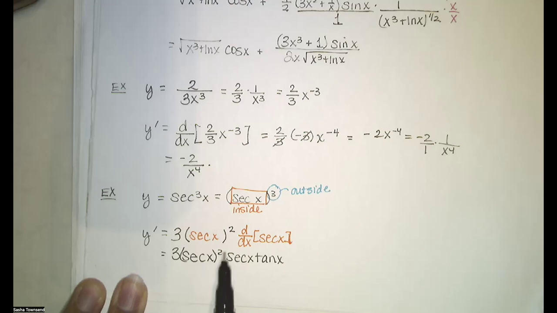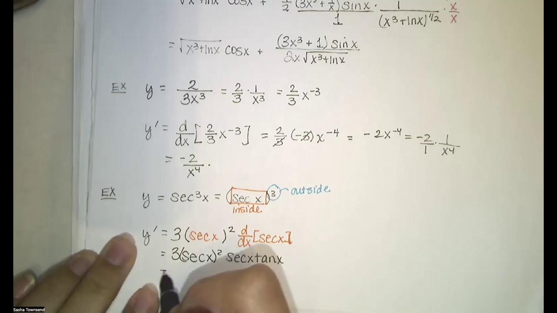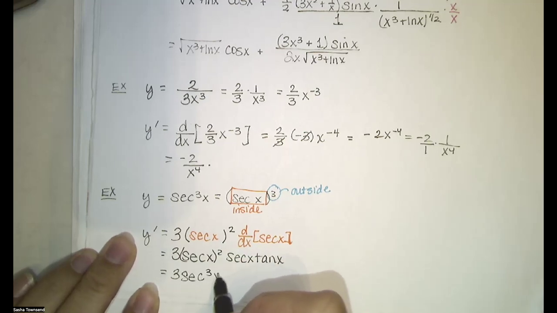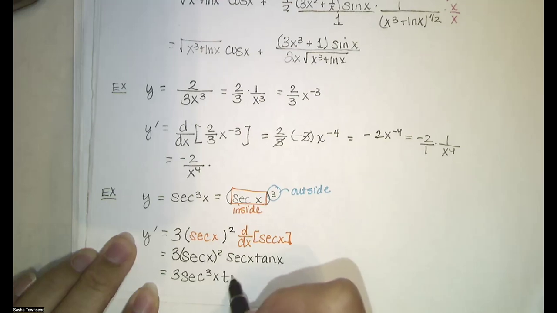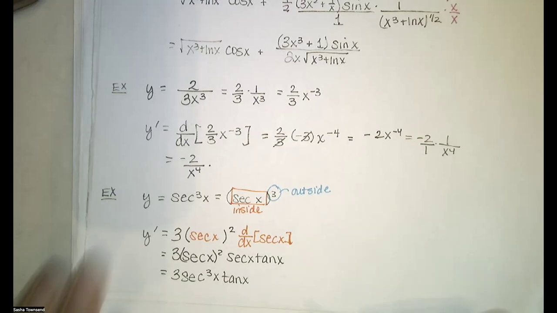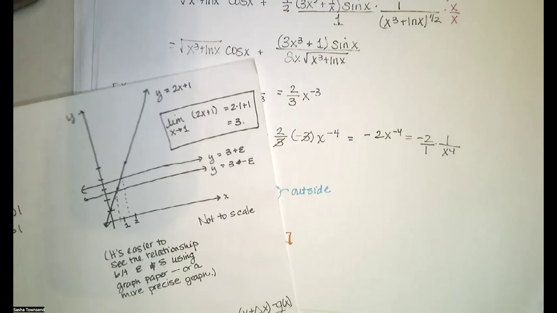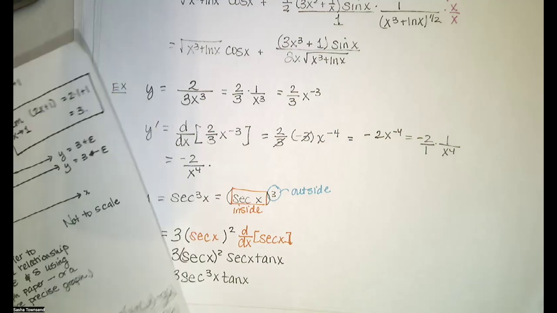But I've got secant squared x times an extra secant, so that's going to be secant cubed x. We could write secant of x quantity cubed, which means the same thing. Then we've got that tangent there, and that is the derivative of that right there. So we have that.